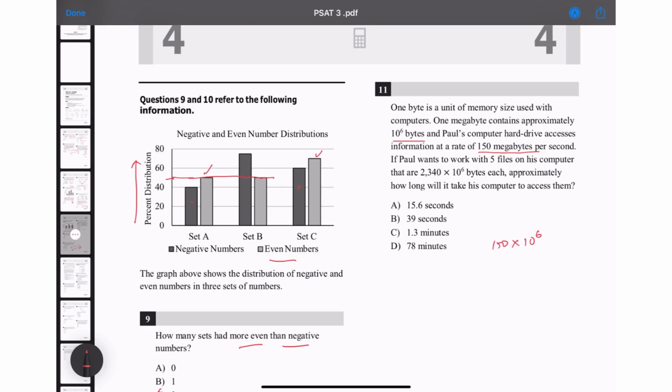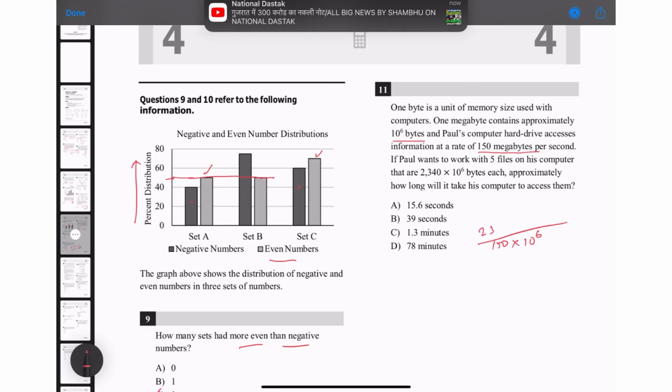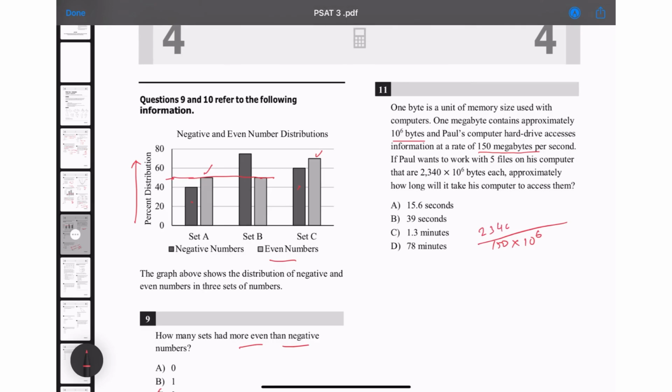You want to work on 5 files, which have 2340 megabytes each. How long will it take? So this is the speed, so just take 2340 times 10 to the power 6 times 5. Now when I calculate this and the units cancel out, the answer should be in seconds.